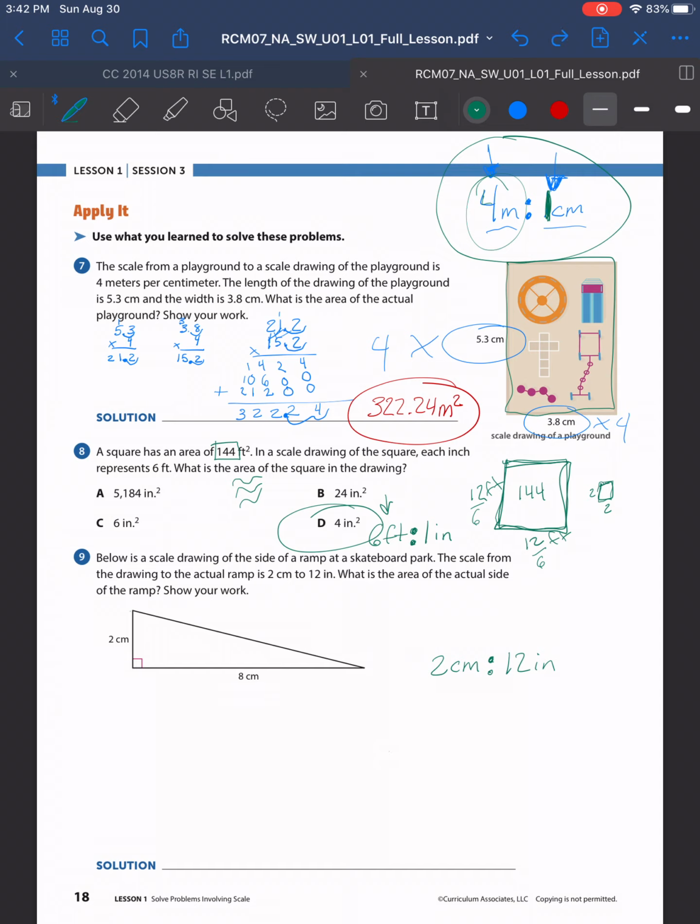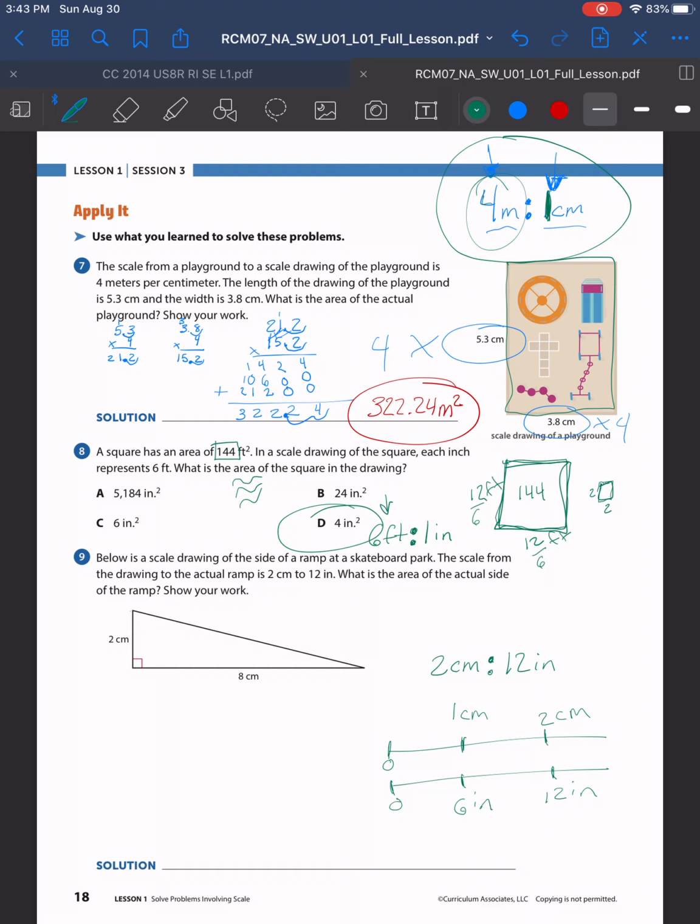If I were to think of my timelines, like I did on the very first page, this is 2 centimeters and it equals 12 inches. What's half of that? 1 centimeter. What's half of 12? 6 inches.